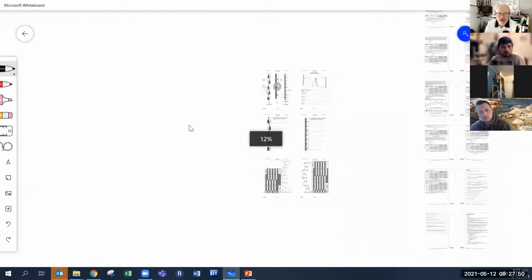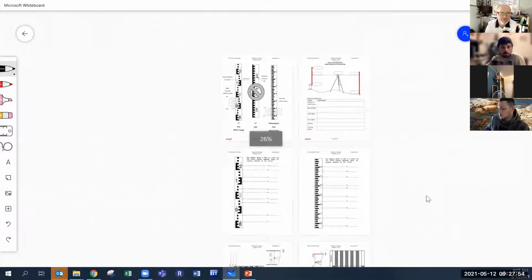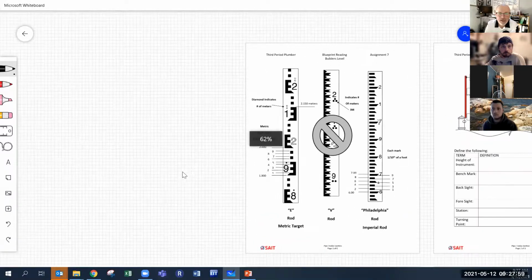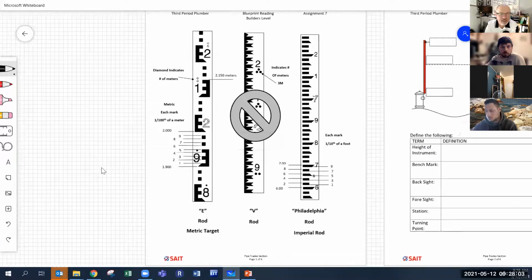And here we are. So this is the assignment that I sent you guys. And we're going to determine a couple of these things. First off, we're going to read this rod here. Now it tells us how to read this rod.